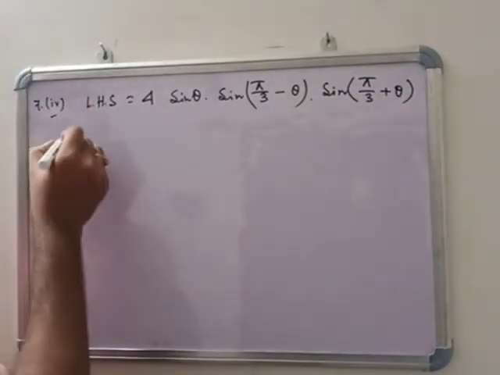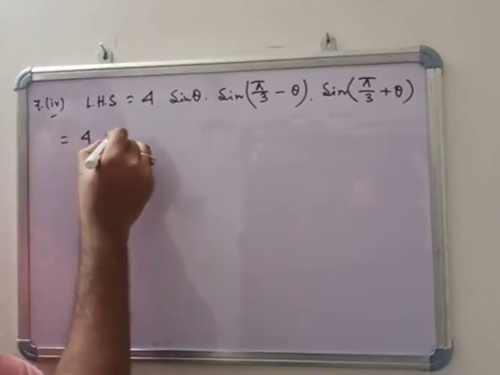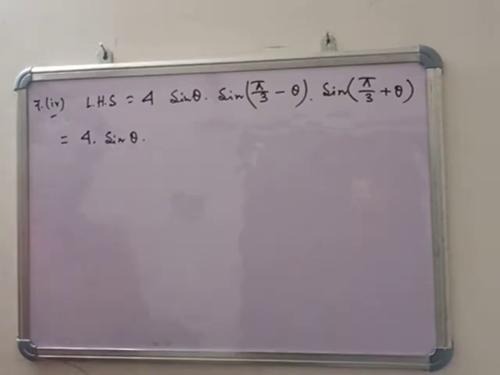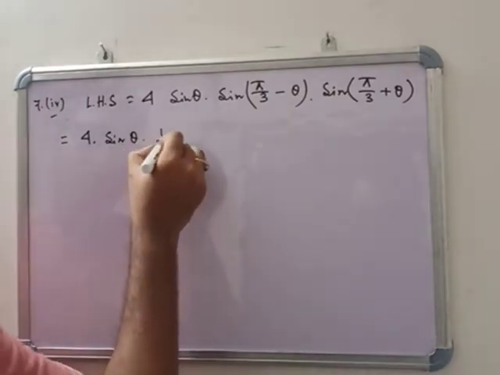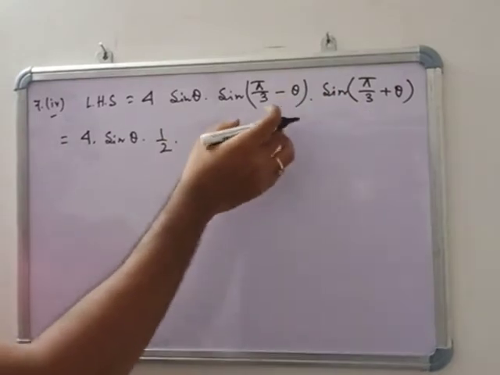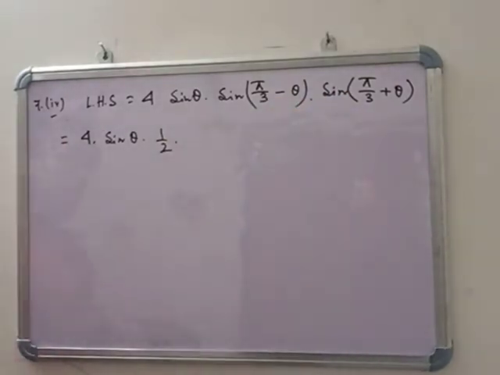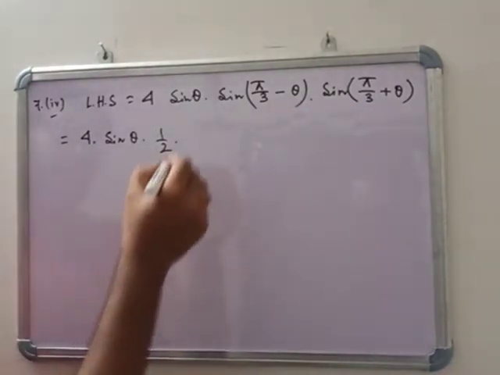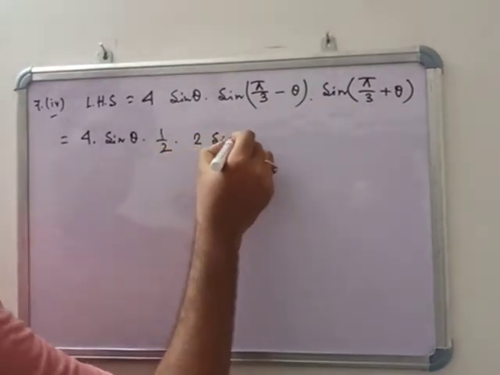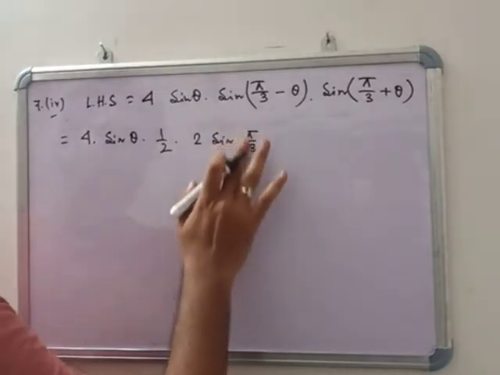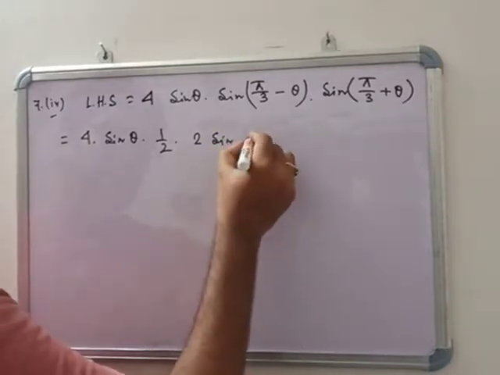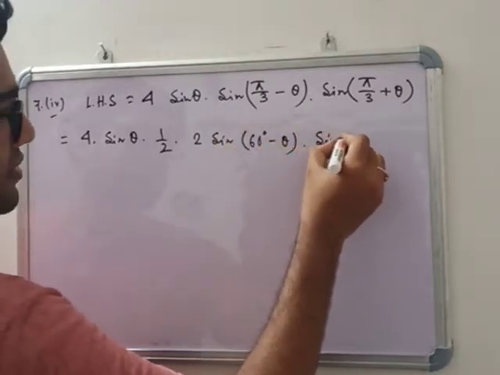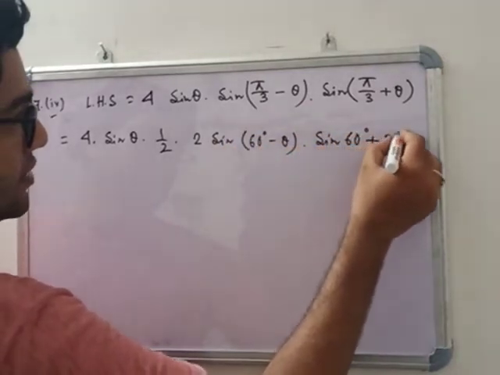So we can write 4 sine theta. If we multiply by half and write 2 into this, that is sine A into sine B. Okay. So this is B and this is A. If you write, then we can write 2 sine of pi by 3. If you write 60 here, you can minus theta, sine 60 degree plus theta.